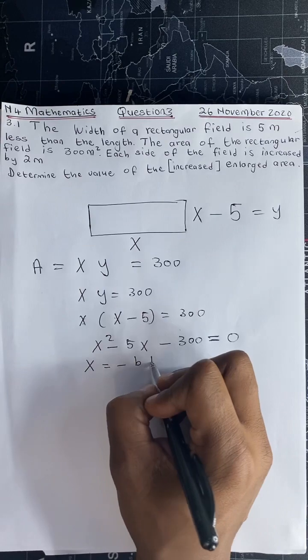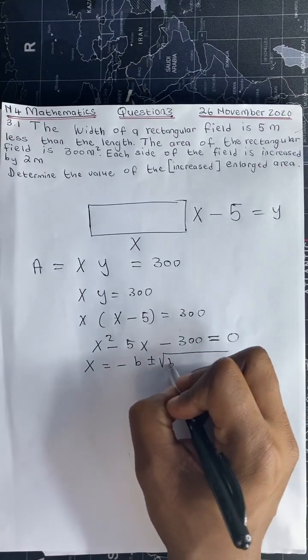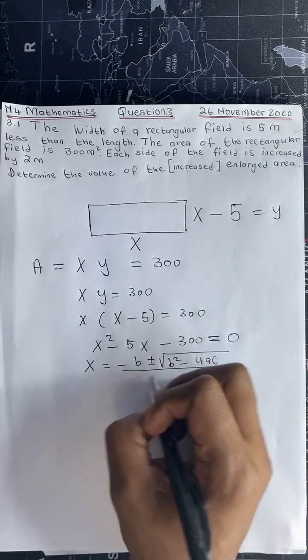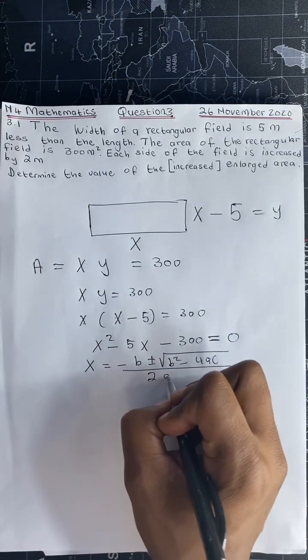So we have x equals minus b plus or minus the square root of b squared minus 4ac, or if you can factorize this without the quadratic formula, go ahead.